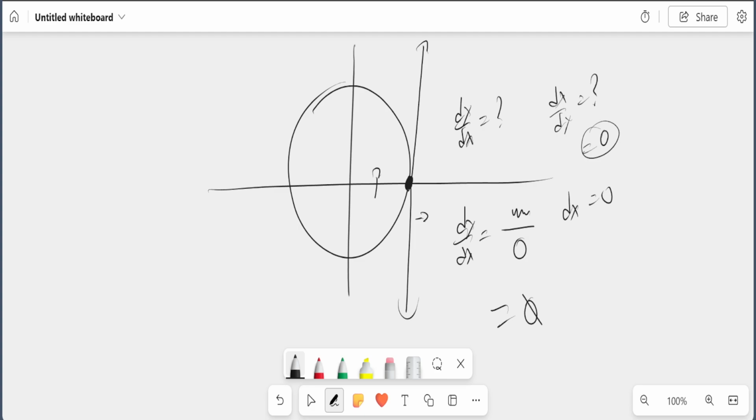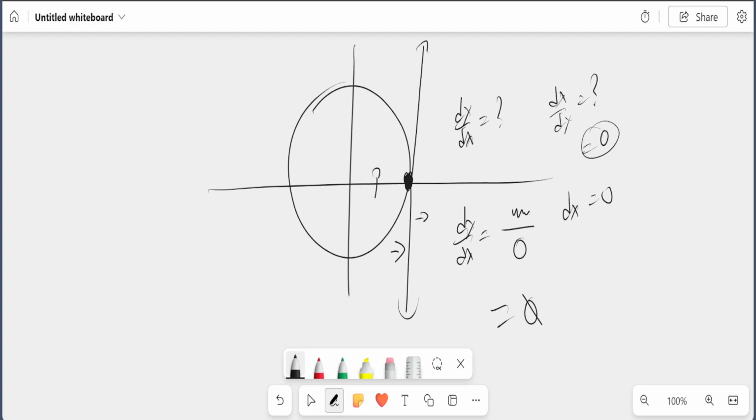It's almost like y has an almost infinite velocity here, if x is moving at a constant rate, right? dy dx goes from here to completely vertical, and at this point, y is moving infinitely upwards.